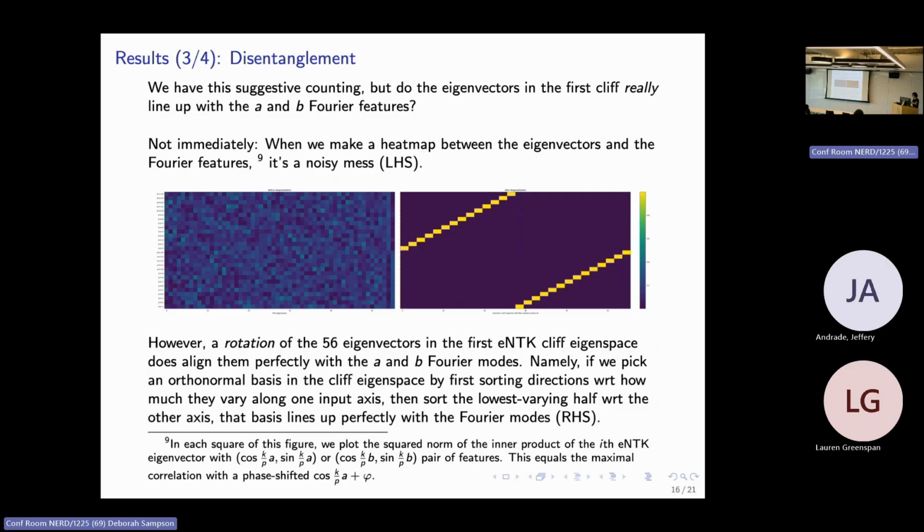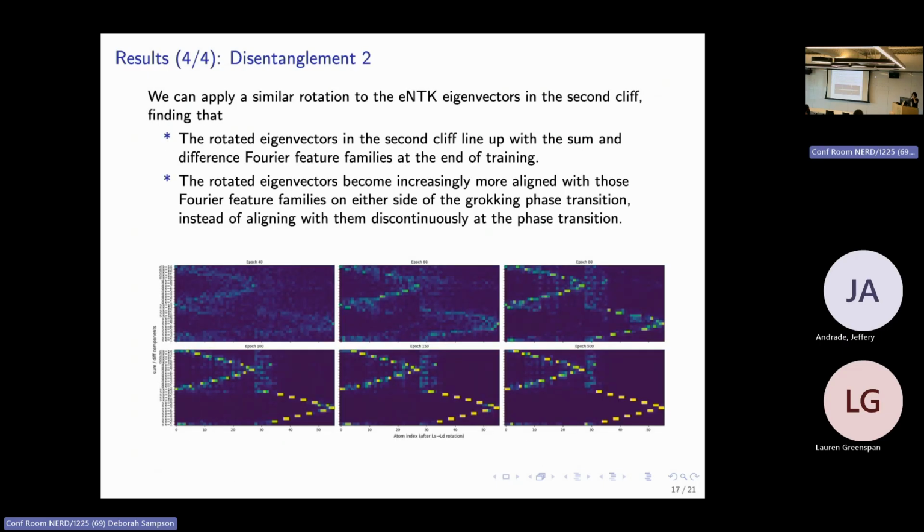In the paper, I described the exact algorithm I used to rotate the vectors, but for this talk, this is a detail. The point is we are able to crisply show that the span of the vectors in each of these cliffs and the span of 2 sets of Fourier modes is the same. So this is for the first cliff.